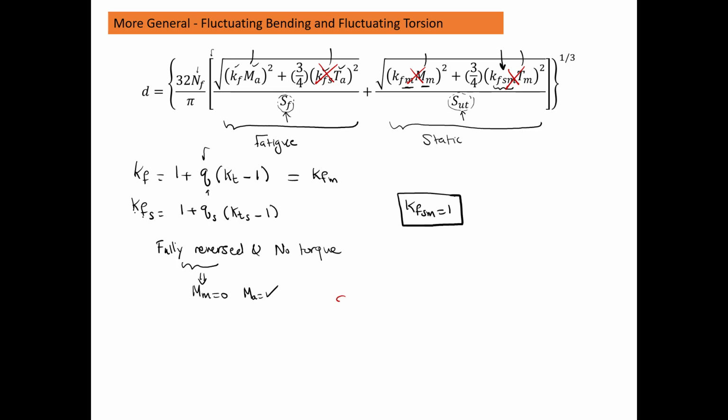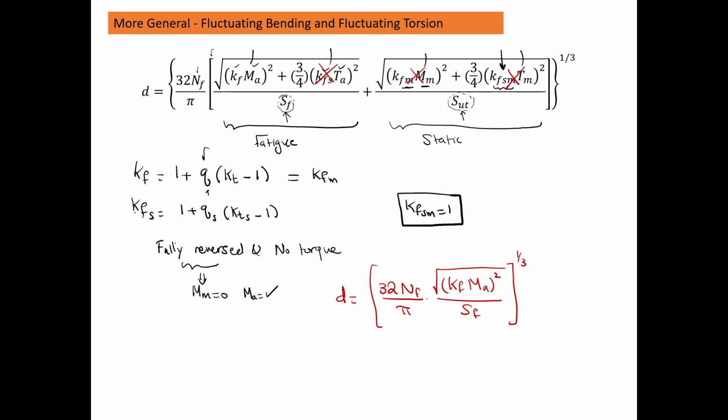So what I have left is 32 times the stress concentration factor divided by pi, and then I have Kf Ma squared square root, because no torques, divided by Sf, and all this raised to 1/3. Does this form look familiar?